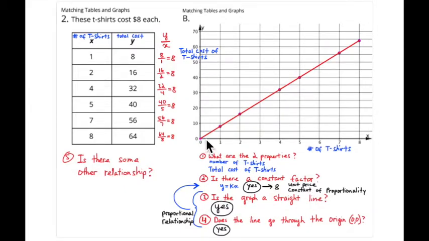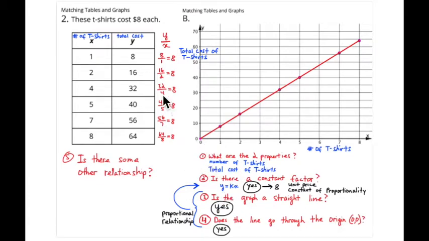Well, if you connect them, you do see that they fall in a straight line. And again, one could argue I shouldn't connect these points because you can't purchase a part of a t-shirt, but I do want to connect them to show you that it is a straight line, and finally that it does go through 0. Does the line go through the origin, 0, 0? And in fact, it does.